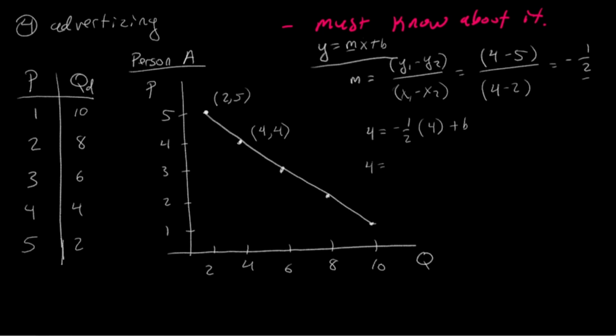So we have 4 equals negative 2 plus b. b equals 6. So our equation is y equals minus 1/2 x plus 6. And we have just constructed our first demand equation.